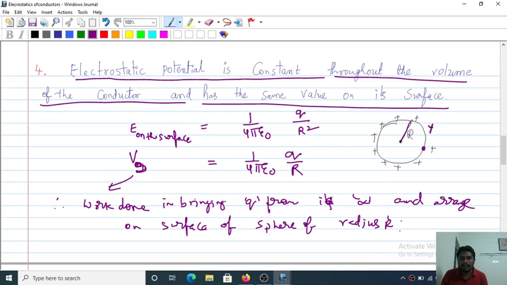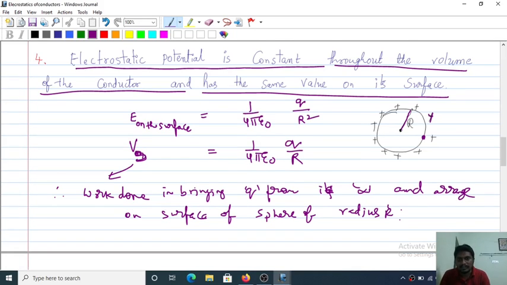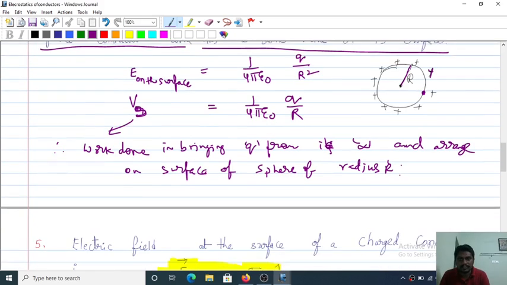Whatever the work done in bringing charge and distributing it on the surface of a conductor of radius r gives us the electric potential at that surface, at any point on the surface.